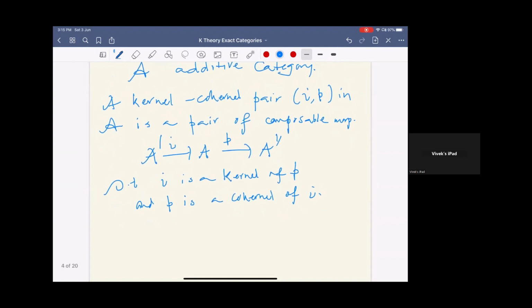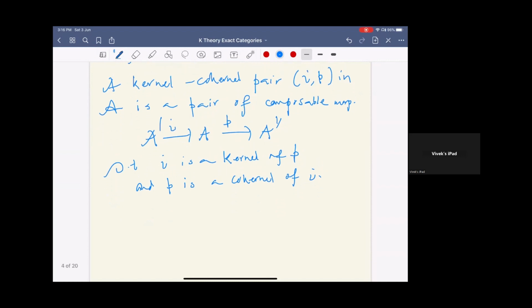So i is a kernel of p means that p composed with i is 0. That is the definition of kernel in category theory, I believe all of you know. It is very difficult to explain everything, because it would actually take 5-6 lectures.